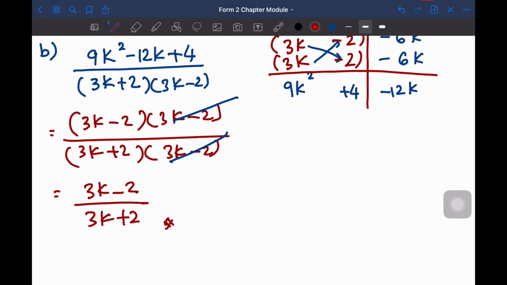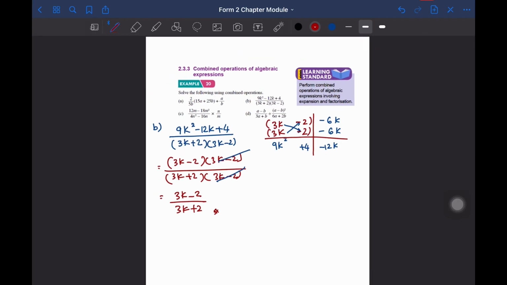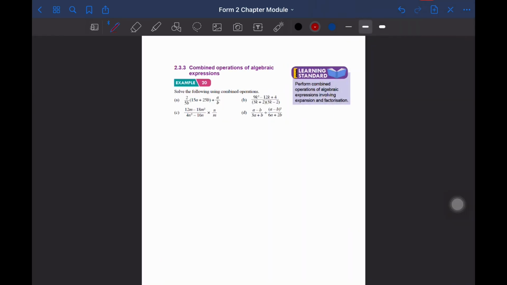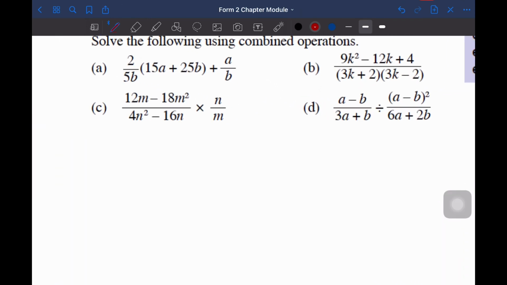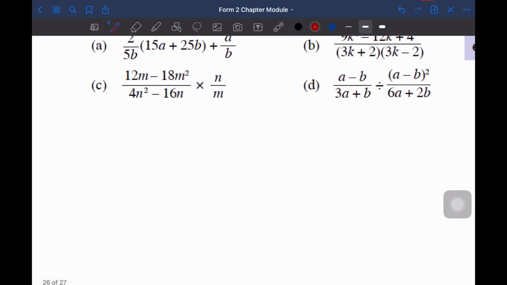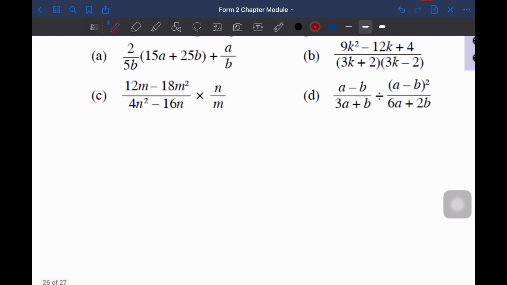Okay, so next question, question C. Okay, ini pun sama. 12m minus 18m square over 4n square minus 16n.